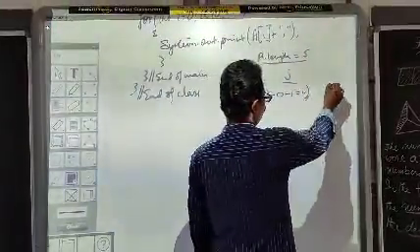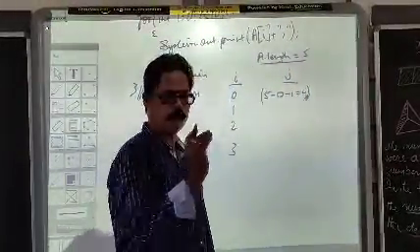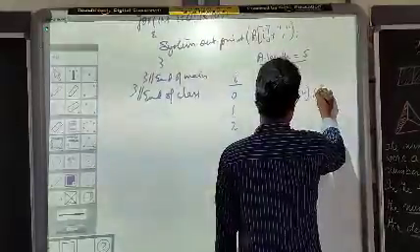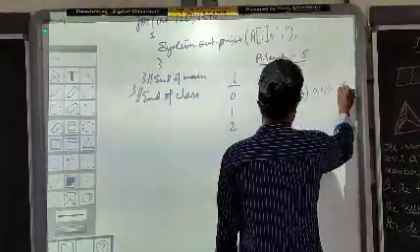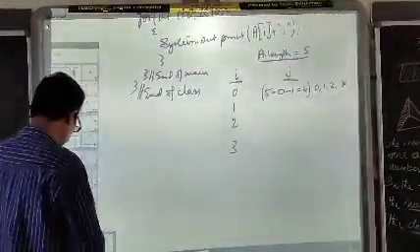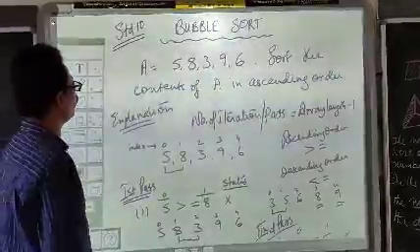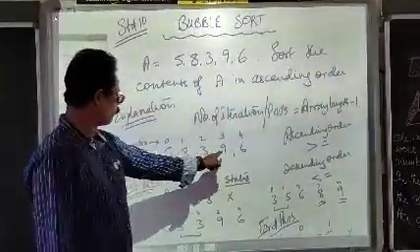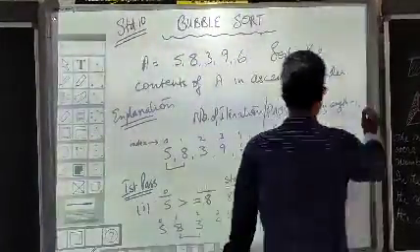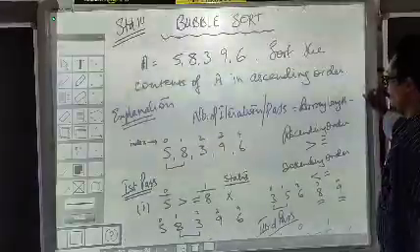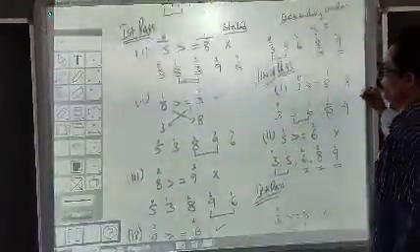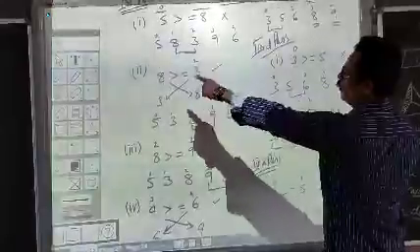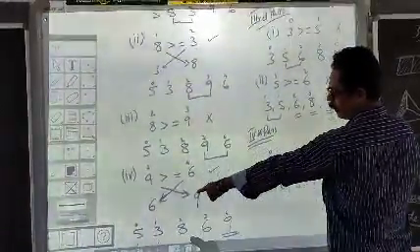That means j will run less than 4 times. So this time the comparisons will be 0, 1, 2 and 3. This is the comparison that we are having over here. You have seen that the element count is 5 in the first pass, in the first iteration. Look at the first iteration. How many comparisons do we have? 1, 2, 3 and 4 comparisons.